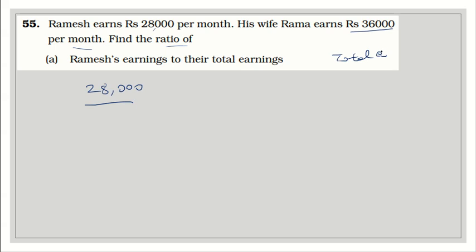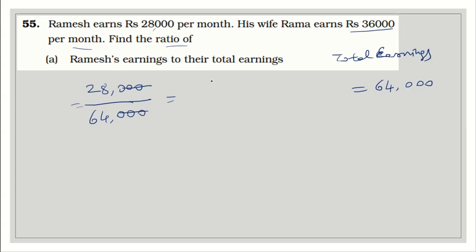Total earnings is 36 plus 28, it is 64,000. So 28,000 is to 64,000 we are finding, which is Ramesh's earnings to their total earnings, the ratio.